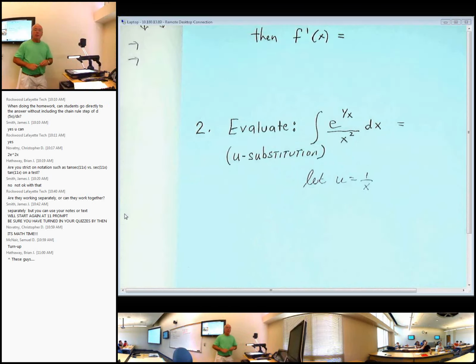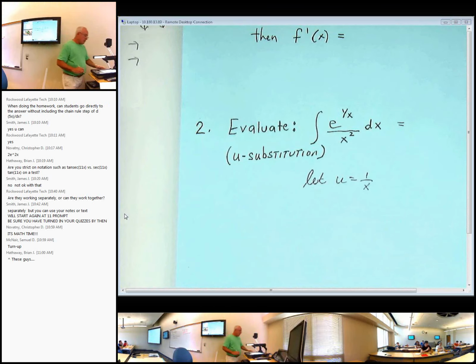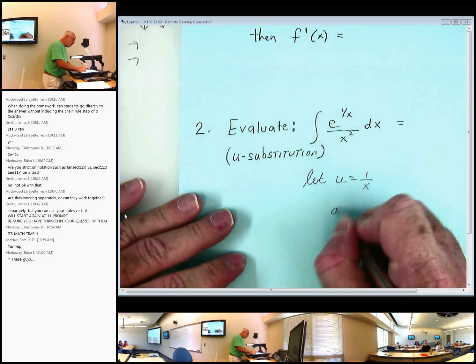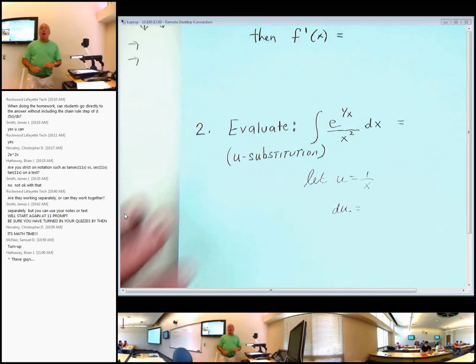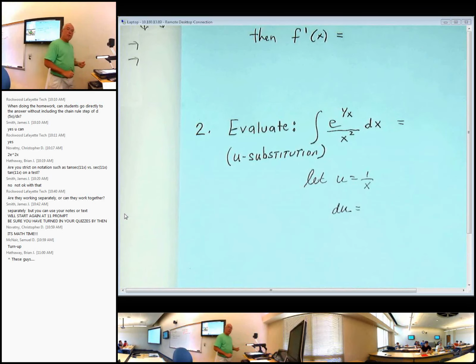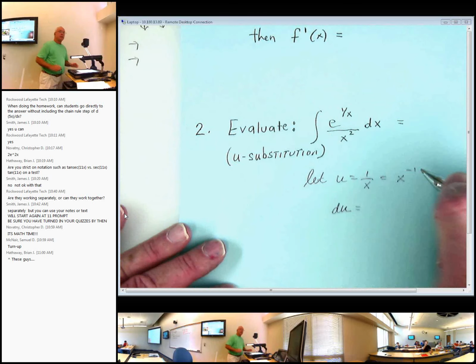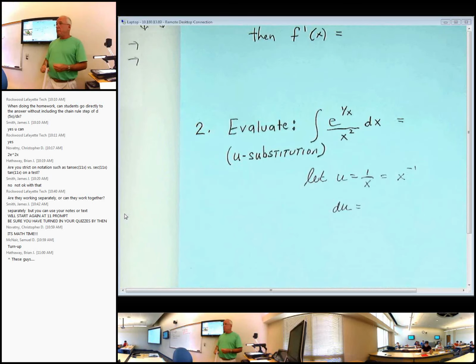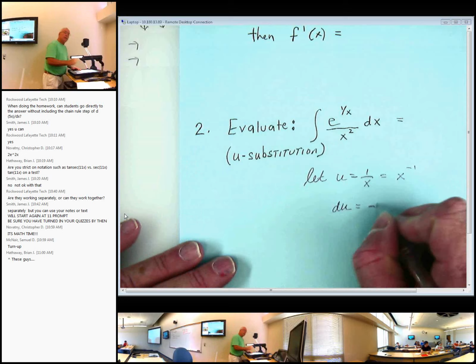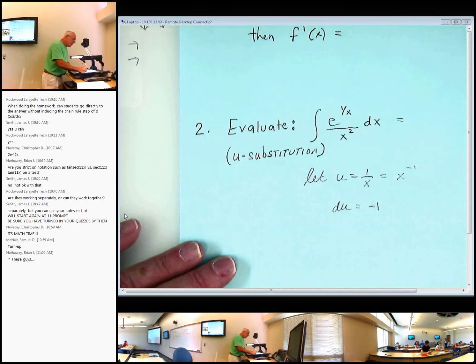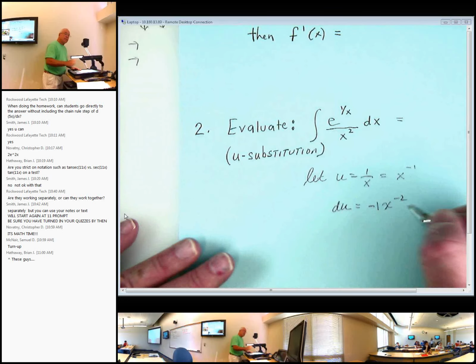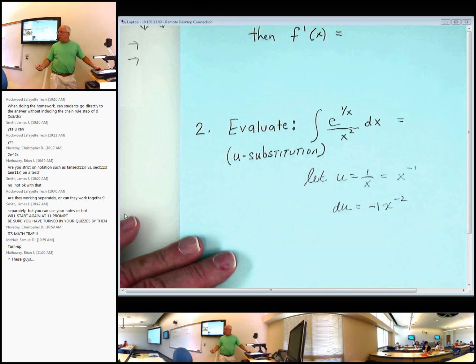Now, here was a problem that I'm seeing right away, getting the du. With 1 over x, we have to recognize that this is really x to the negative 1 power. To get the derivative, we bring down the negative 1, and then we subtract 1 from the exponent to give us x to the negative 2 power, just using the power rule.